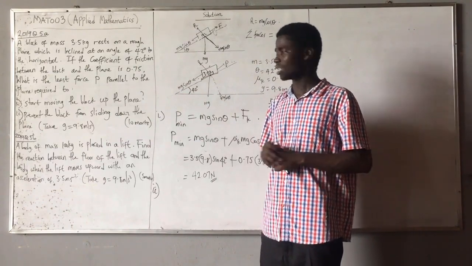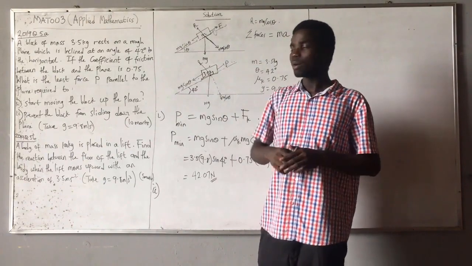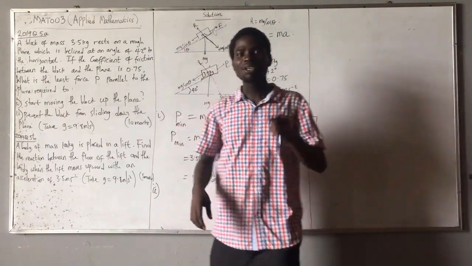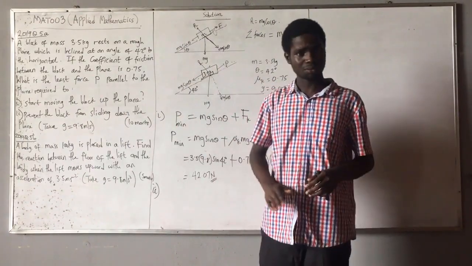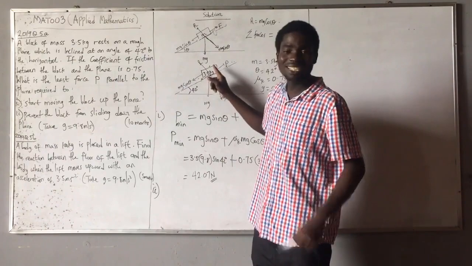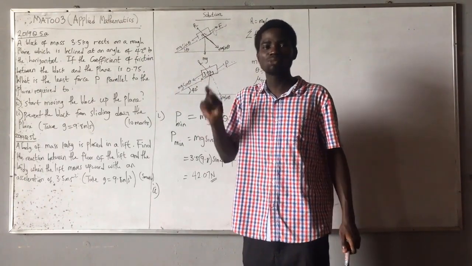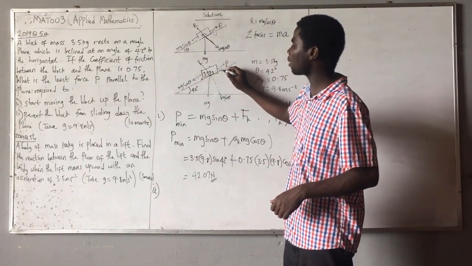Do you understand? What is holding it from pulling down is P. But now, then I say prevent the block from sliding down. If the block wants to slide down, that means the motion of the block is in this direction. Friction opposes relative motion. Frictional force will now be acting this way, backward.